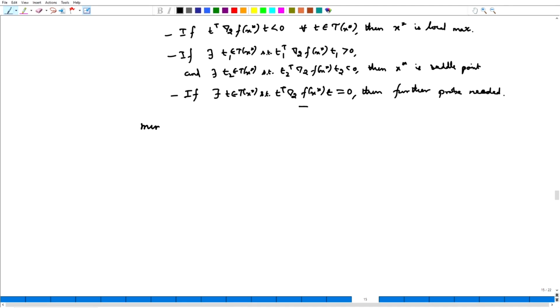We just wrote a general utility function, so we will consider minimizing minus x1 x2 subject to the condition that p1 x1 plus p2 x2 minus w is less than or equal to 0, minus x1 less than or equal to 0, and minus x2 less than or equal to 0.